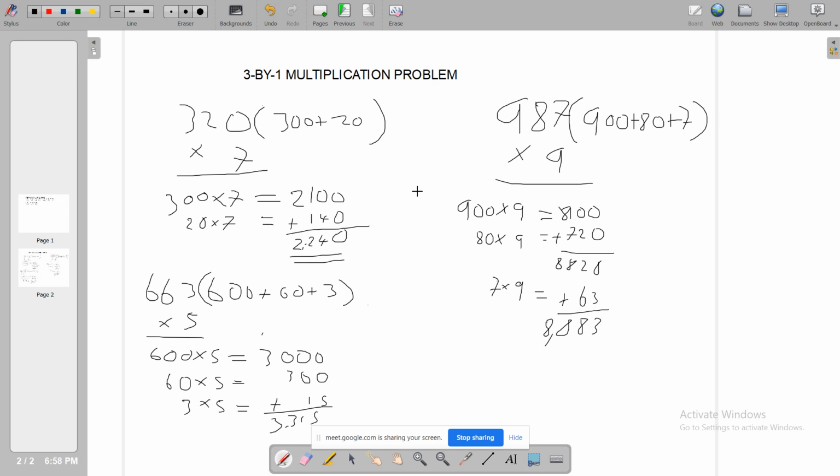Then you multiply this 9 times 80, which will also give you 720. So you know 700 plus your 100 will give you 800. So you can say 8,800, and then you know that of your 720, you were left with 20. So you add it, so that you know that it's 8,820. Do you understand? Yes, sir.